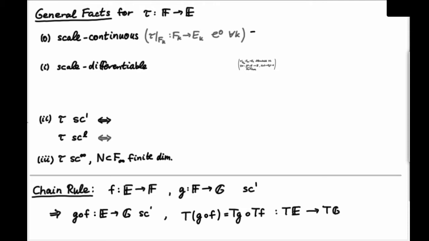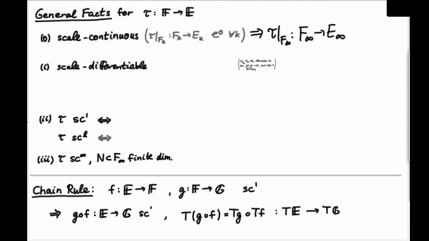So that means it also maps the infinity level to the E infinity level, and is continuous with respect to all the norms that live on there. So in our cases, it would be continuous even with respect to the C infinity topology.